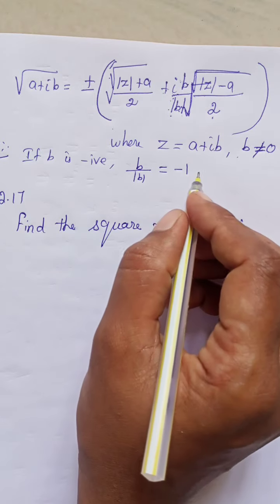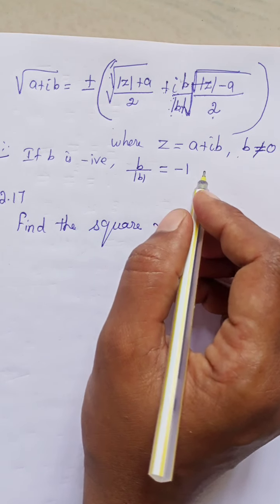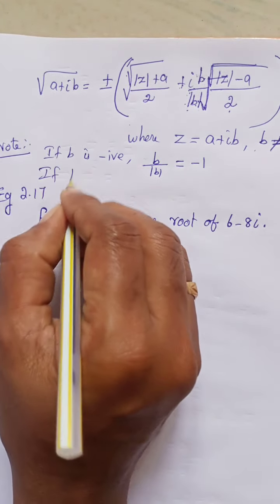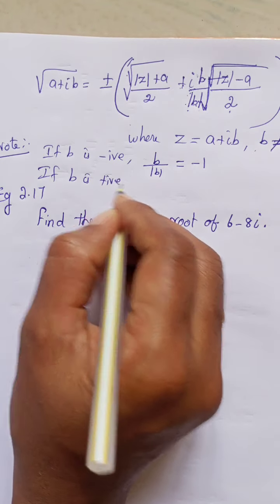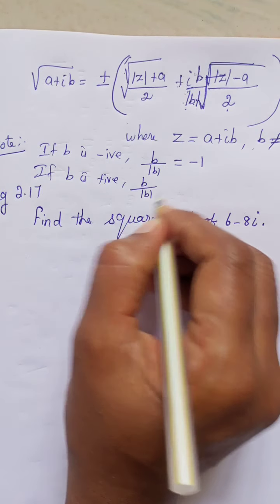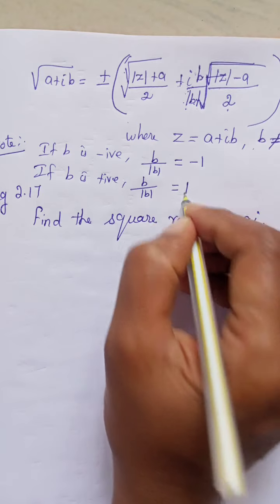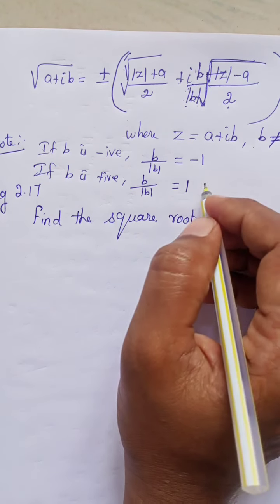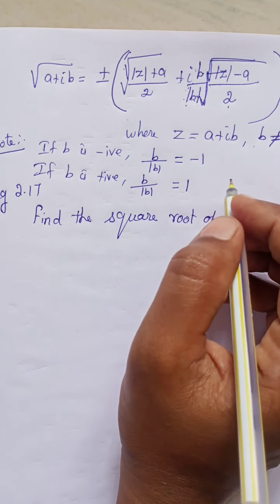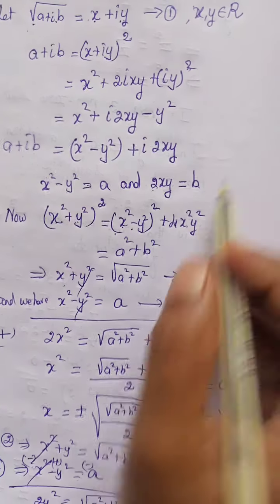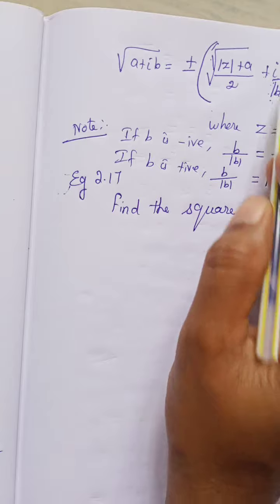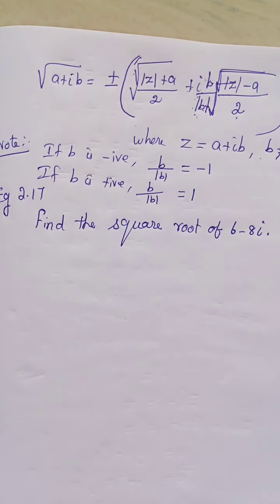So x and y will have different signs. If b is positive, automatically b by modulus b will be equal to plus 1. Therefore, x and y will have the same sign. That is the reason we have added this value b by modulus b.